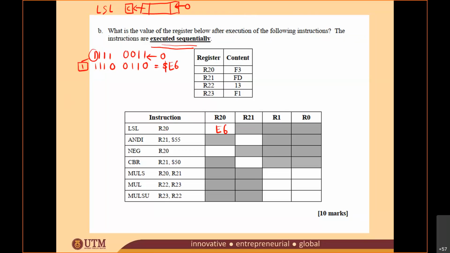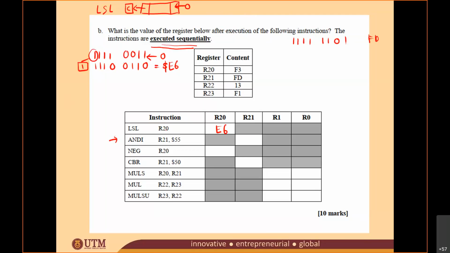Okay, next, the second instruction, ANDI R21 with 55. So what is R21? R21 is FD. So FD is 1111, and D is 13, so 13 equals 1101. So this is FD.